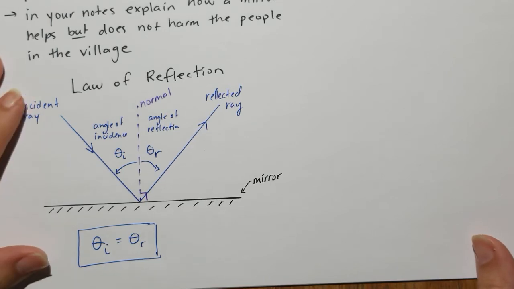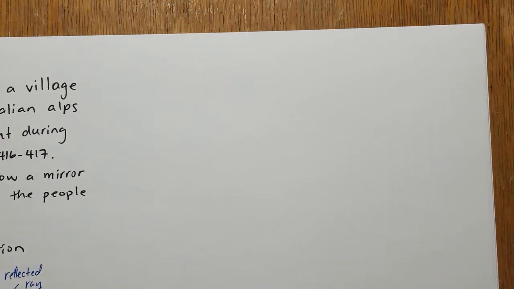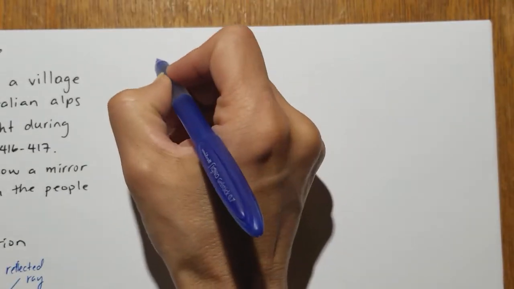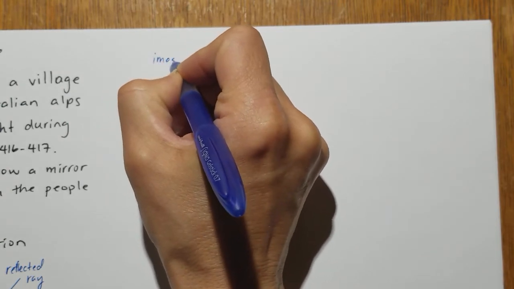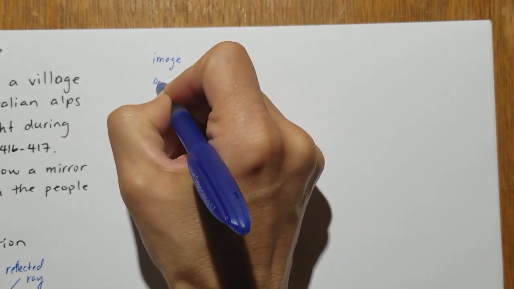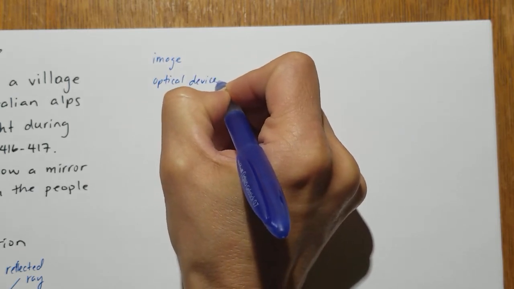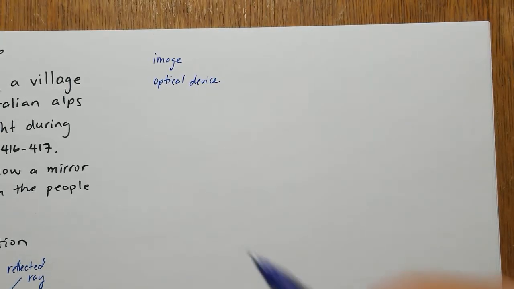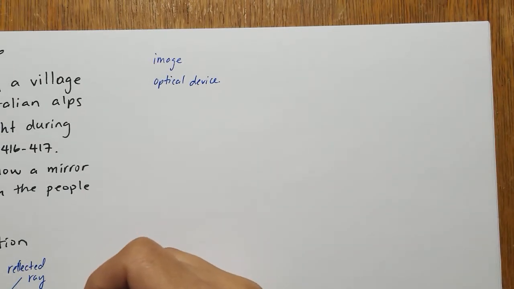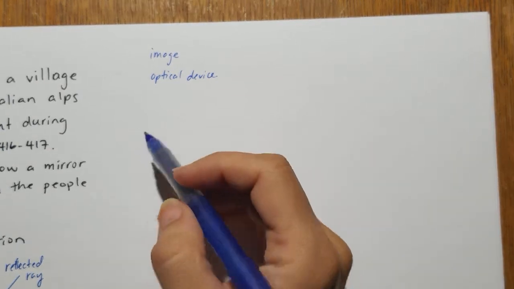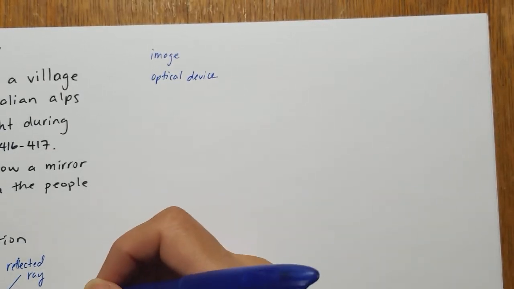So some terms that we need to go over are image, optical device, and I'll go through all of these. We already have incident ray, reflected ray, incident angle and reflected angle in our diagram.